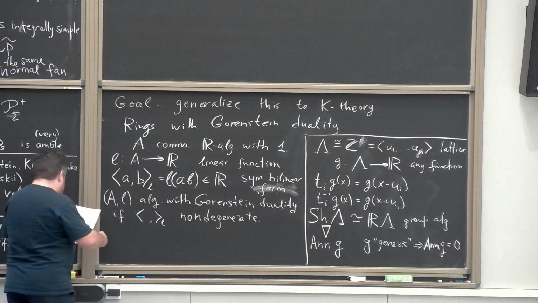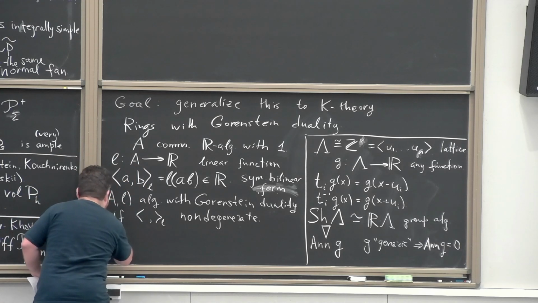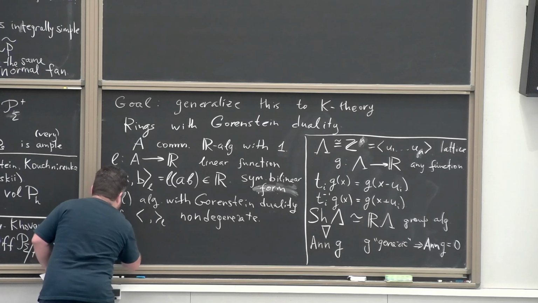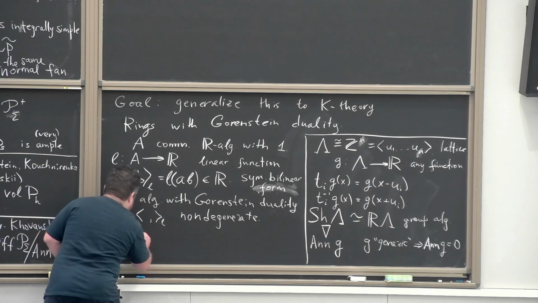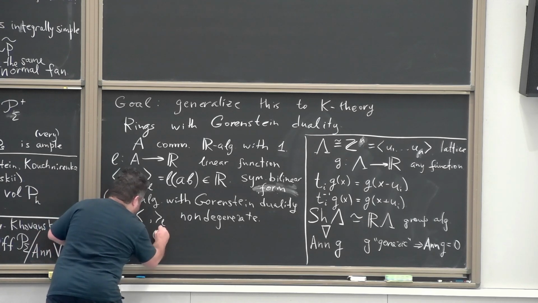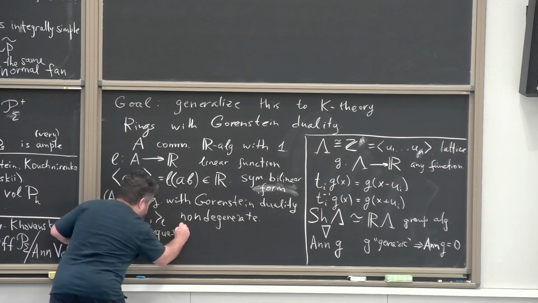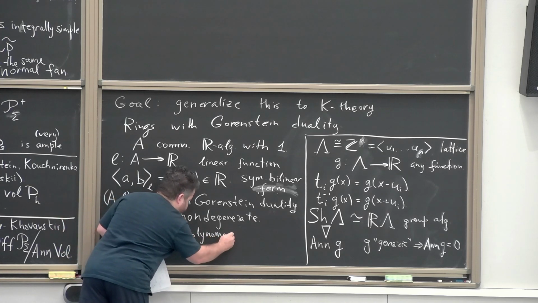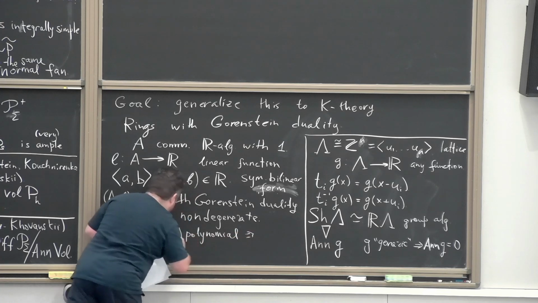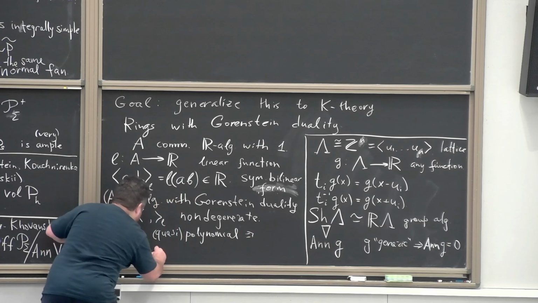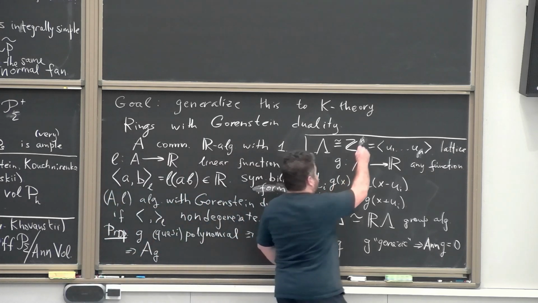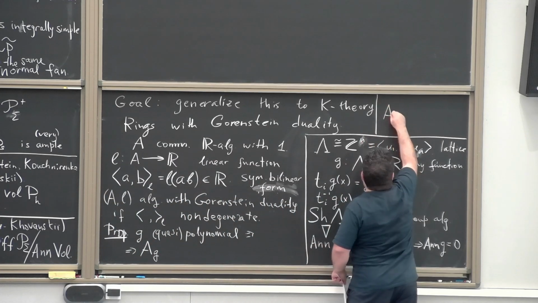Proposition: if my G is quasi-polynomial, then AG is... well, I didn't tell you what AG is, but you probably guessed already.